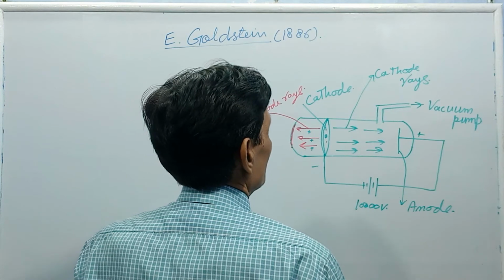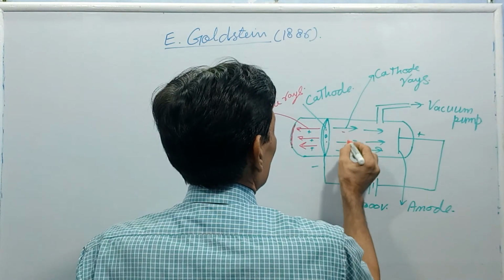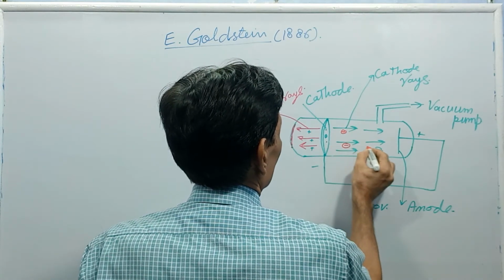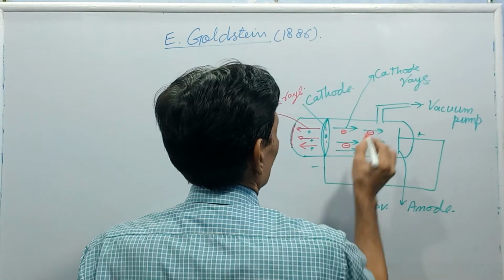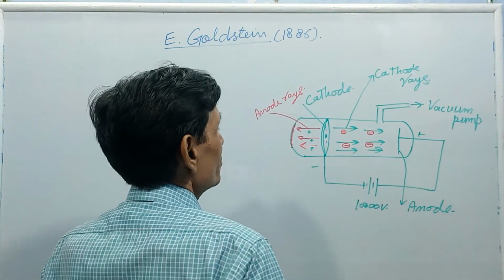Now these are negatively charged rays, cathode rays, like that. This is the discharge tube.